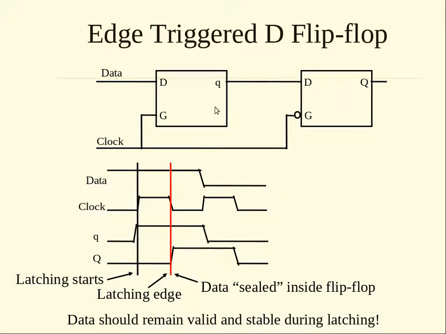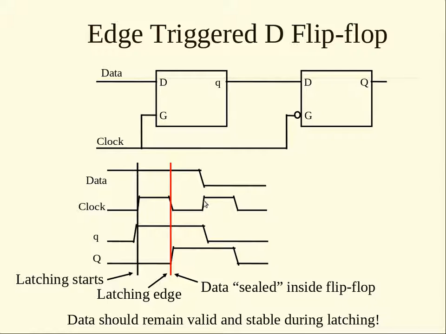When it comes back up, notice that the SR latch, when it's down, that means that this guy is going to change to what this latch was. And so it'll actually push the final data, Q out, as well.